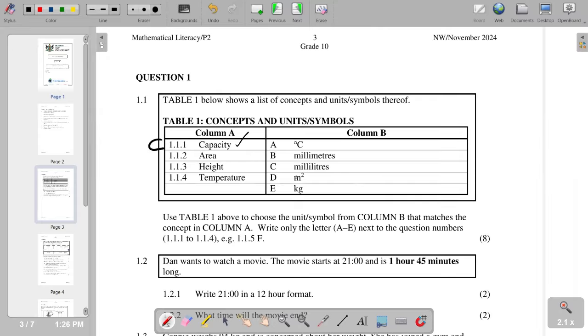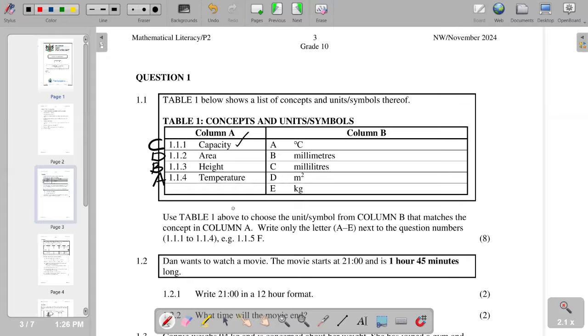Area is measured by meter squared, which we have on D. And on height, the correct answer that we have is millimeters, which we have on B. And our number 4, temperature, is degrees Celsius, which we have on A.